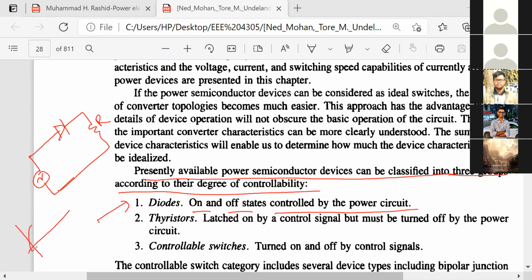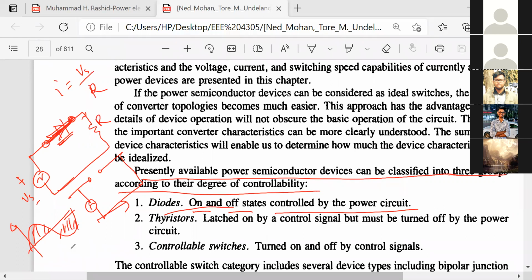So this is your input supply voltage. When this voltage is positive, it is forward biased, the switch is on, and there will be a current, I equal to V by R. When it gets reverse biased, the switch will be off and there should not be any current.